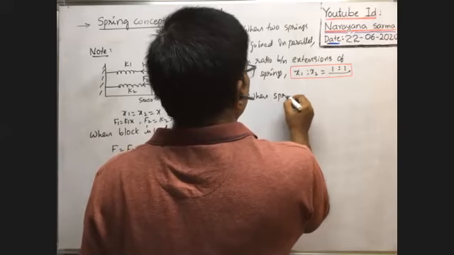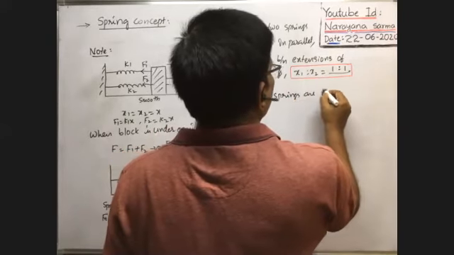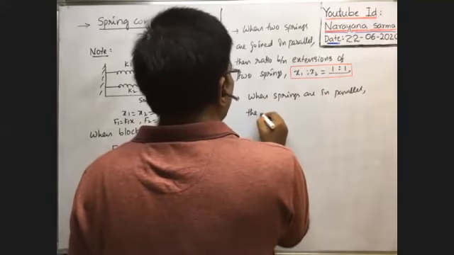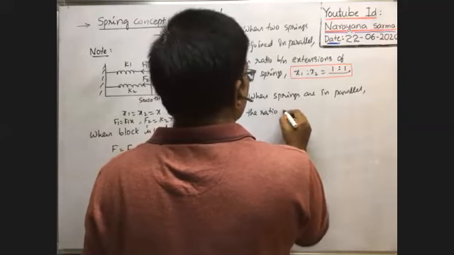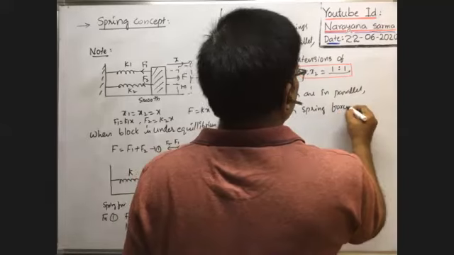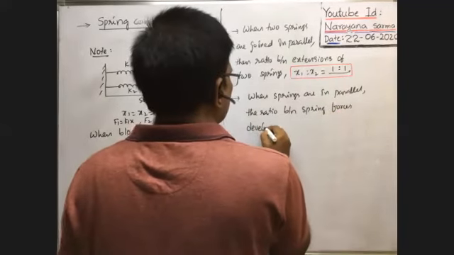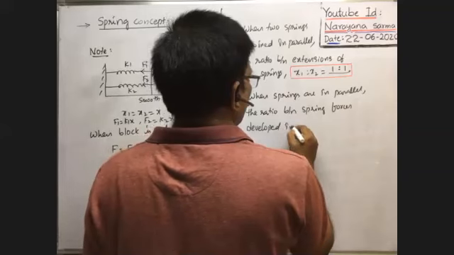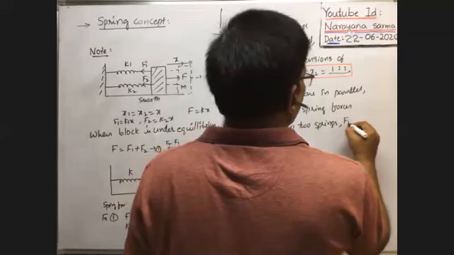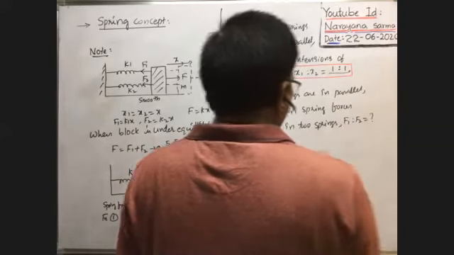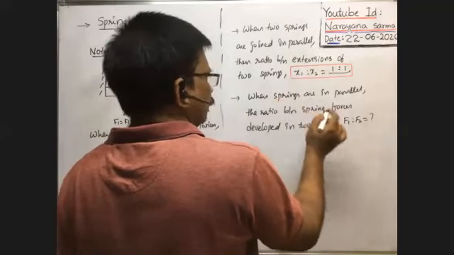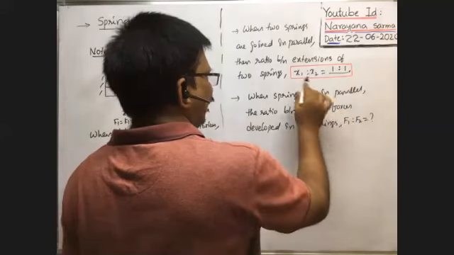Next, when springs are in parallel, what is the ratio between the spring forces developed in the two springs? F1 is to F2 is equal to how much? Whenever two springs are joined in parallel, extensions are the same.